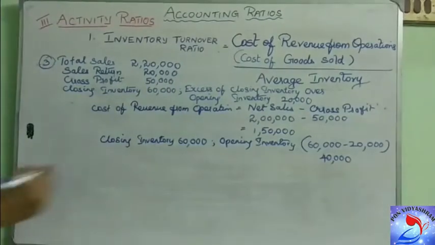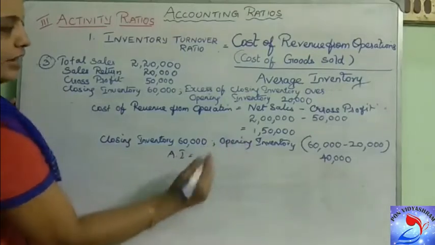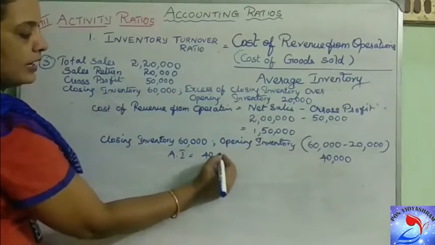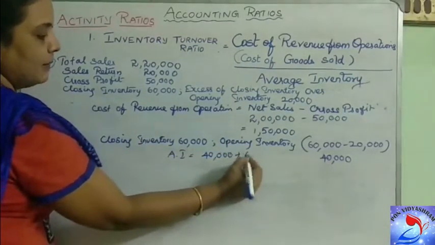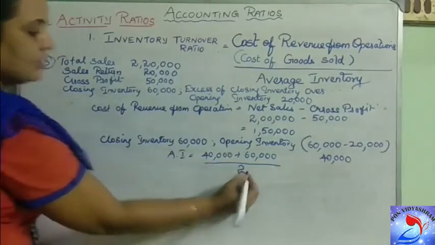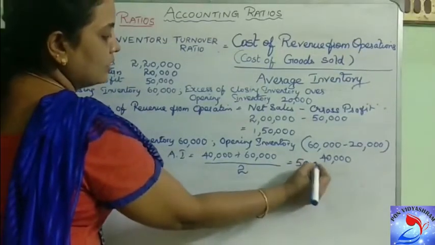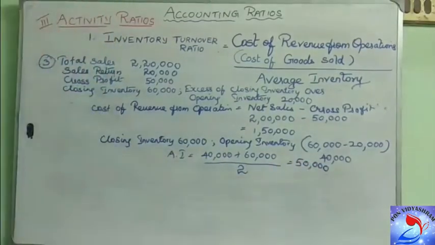So now you have to find out your average inventory. Average is opening inventory, that is 40,000 plus 60,000, divided by 2, that is 1 lakh divided by 2, equal to 50,000 is your average inventory.